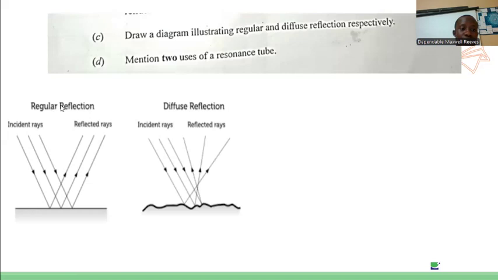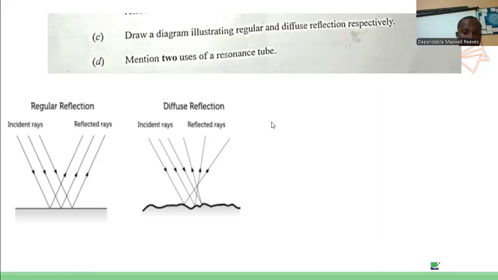This reflection, which is regular, occurred on a smooth surface like the plane mirror, and this surface is polished. And diffuse occurred on a very rough surface like the wall. So this is diffuse. These are the incident rays and these are the reflected rays. So this is the diagram showing the difference between regular reflection and diffuse reflection.